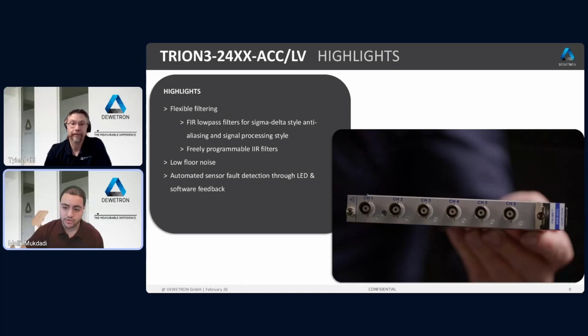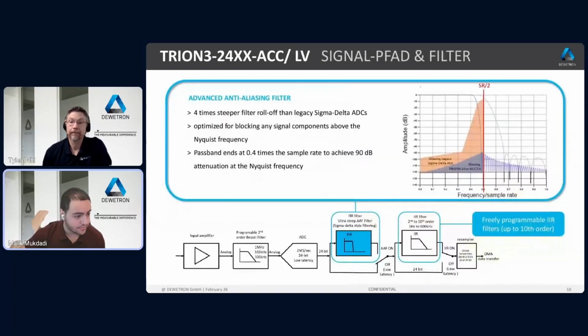Adding on to some other highlights is the flexible filtering that we now offer. We've added in a FIR low-pass filter onto the board. This has allowed us to achieve a lower noise floor and even achieve some anti-aliasing features that I want to dive into here.